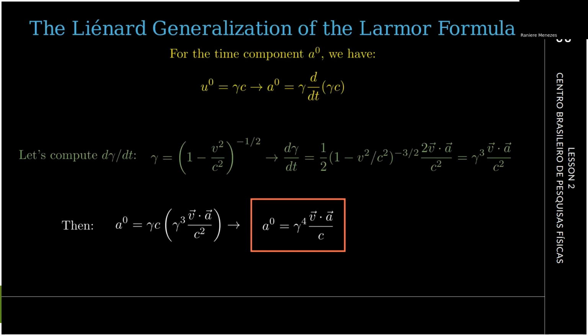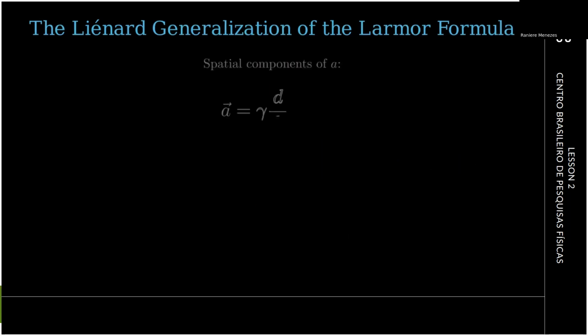Okay. So now we have computed the first component of the 4-vector. Let's work with the rest, the spatial component of the 4-vector. The spatial component is just gamma v.